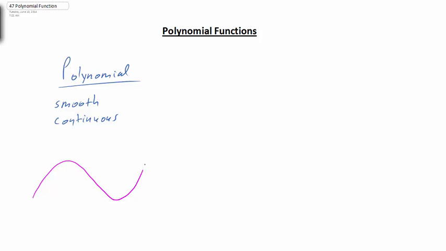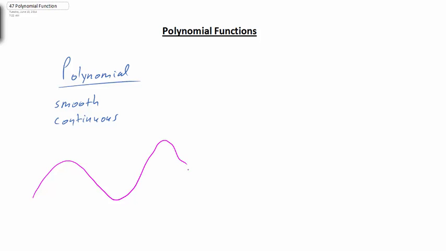And keep in mind, when we're talking about a polynomial function, and we look at the graph of a polynomial function, the graph is always going to have a smooth and continuous curve. So for an example, the graph is always going to be nice and smooth, and there's going to be no gaps or anything, no breaks in the graph.